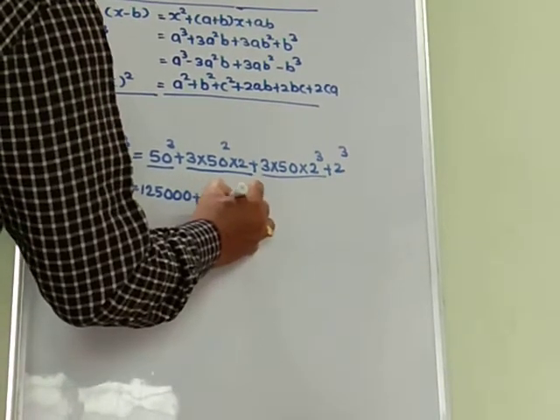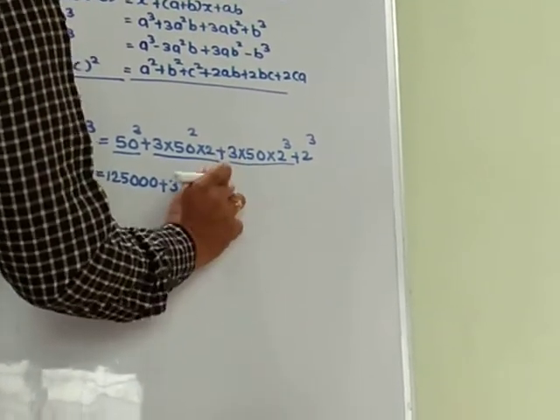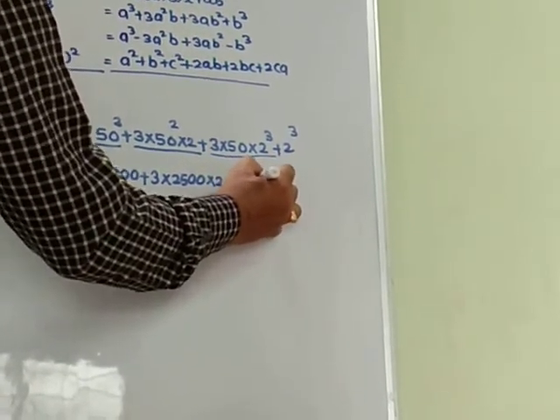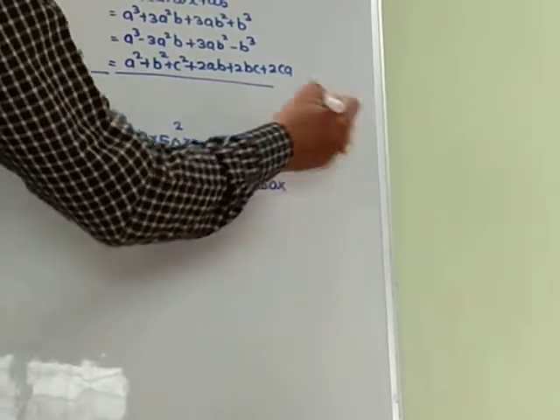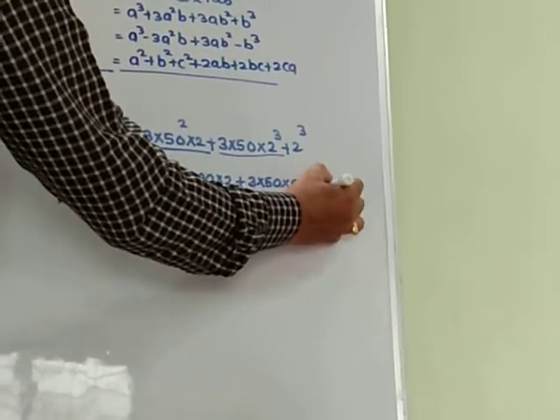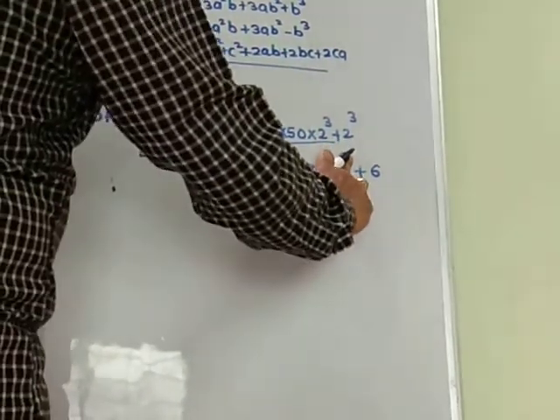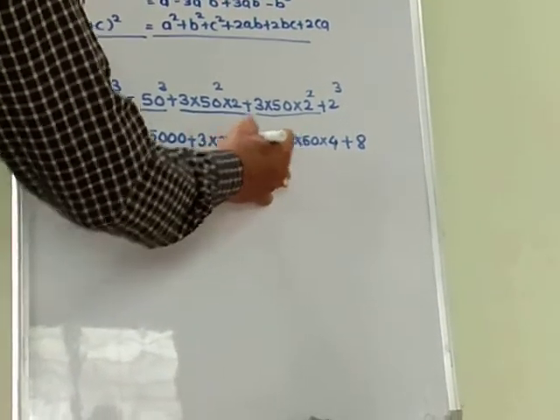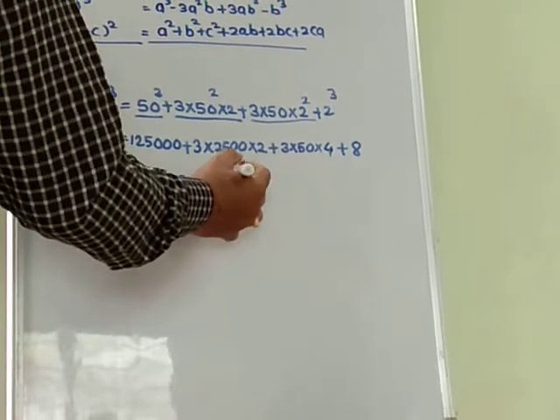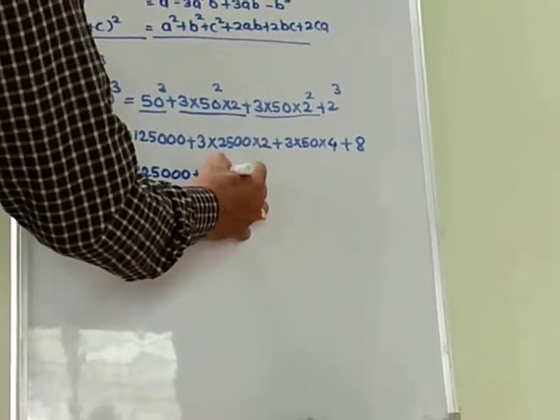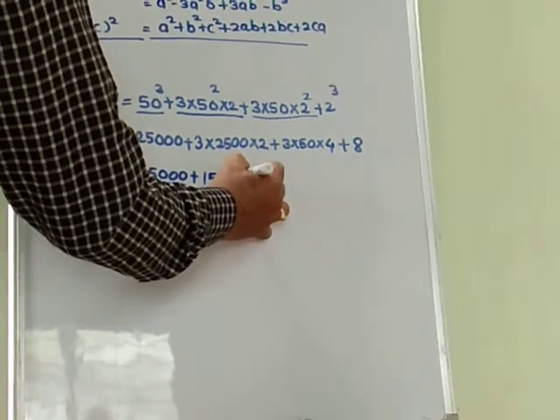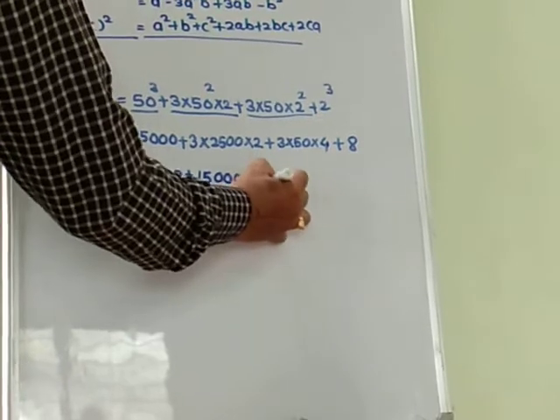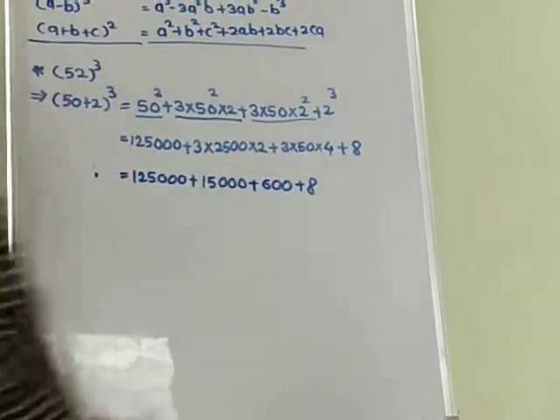3 into 2500 into 2, plus 3 into 50 into 2 square, plus 2 cube. Plus 75, 3 into 2500 is 7500, and 600 and 8. That is the answer.